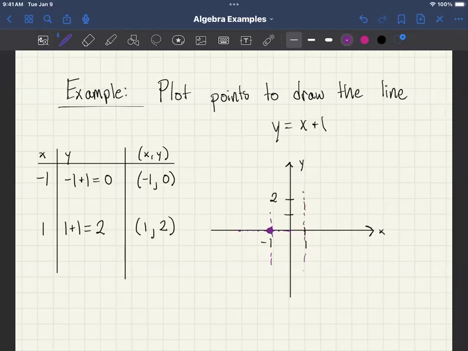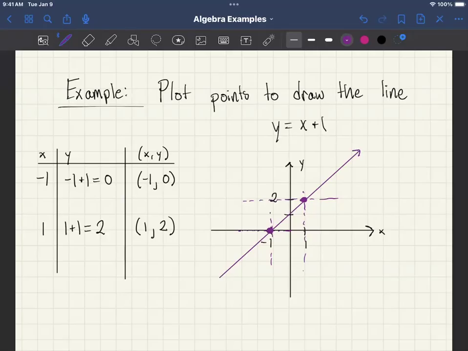So let's put our dotted line there, and our y value is 2. And we see those two crossing right here. There's our second dot. And now we play our super fancy game of connect the dots. There we go.